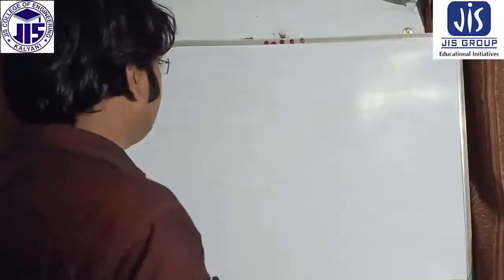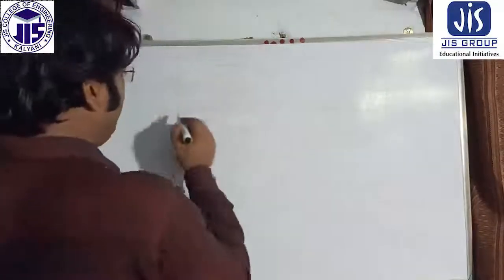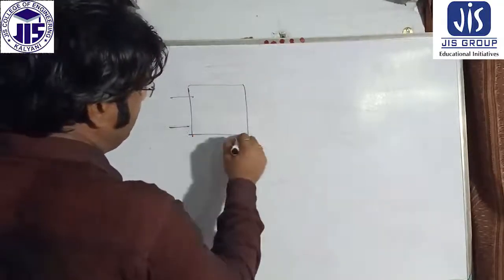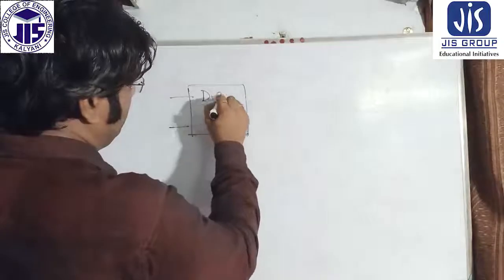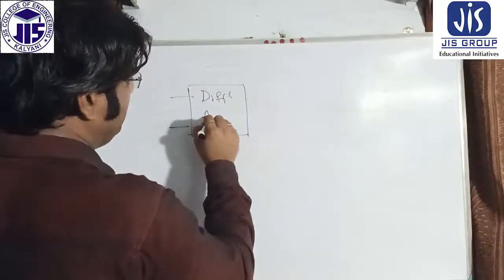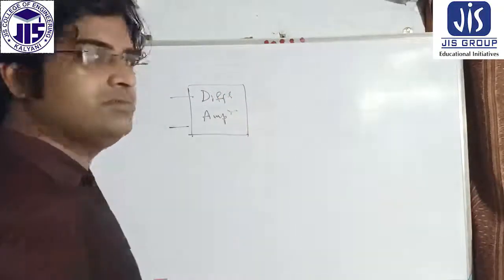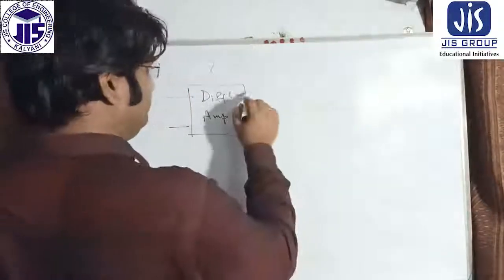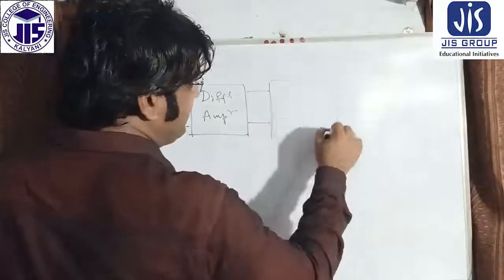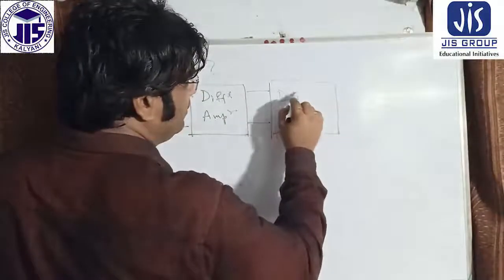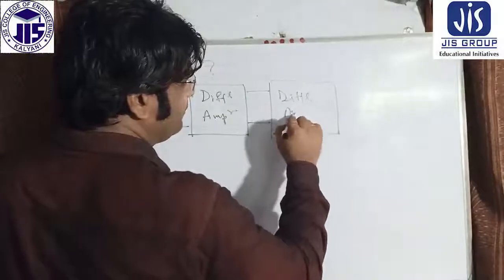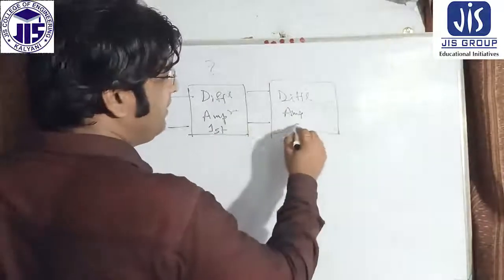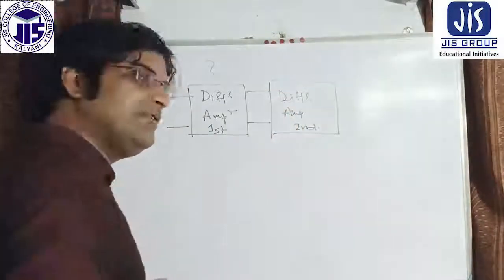In the case of the operational amplifier, the first step is the differential amplifier. What is a differential amplifier? Okay, I will come to that. The next step is another differential amplifier. So this is called the first differential amplifier and this is called the second differential amplifier.